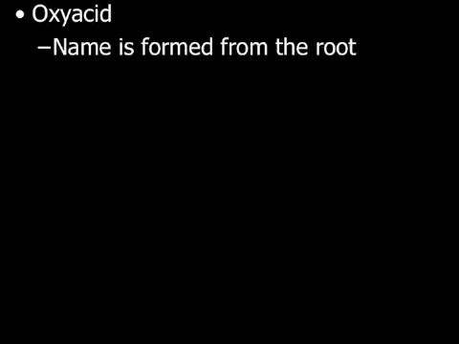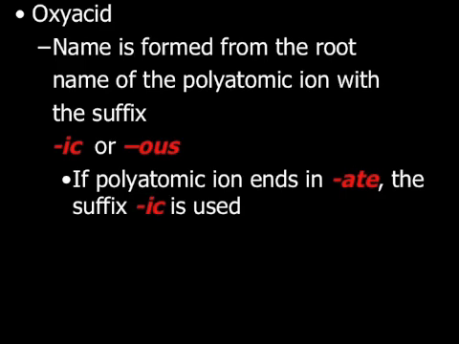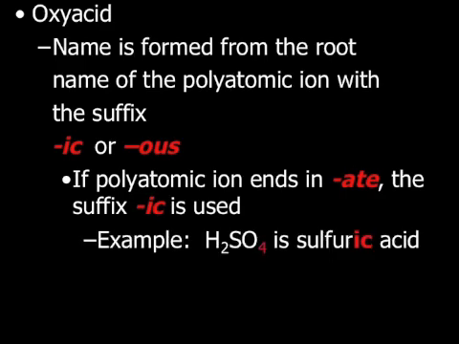If you are naming oxyacids, you have to look at what the polyatomic was. The name is taken from the root name of that polyatomic ion with the suffix ic or ous, depending on what the polyatomic ion ending is. If the polyatomic ion ends in ate, then it goes to ic. An example would be H2SO4.